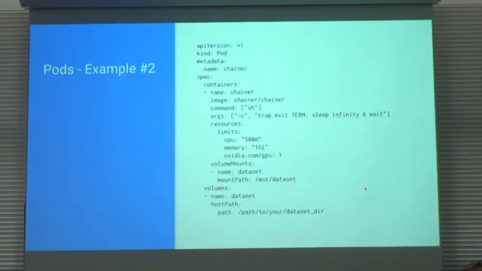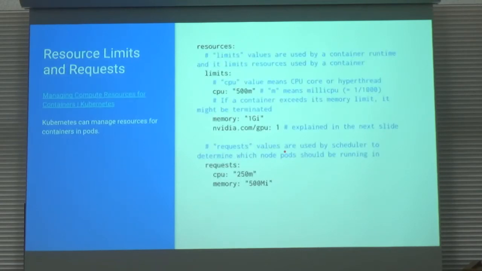Okay. This is the next example. This is a little complicated, and there are resource limits. Resource limits and requests are to control resources used by a pod, and we can specify CPU and memory.